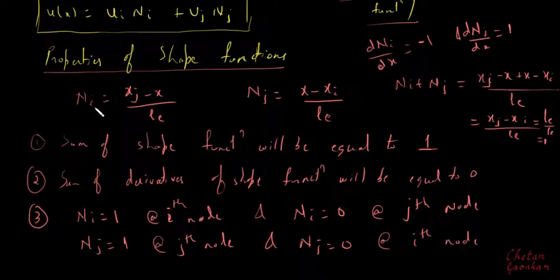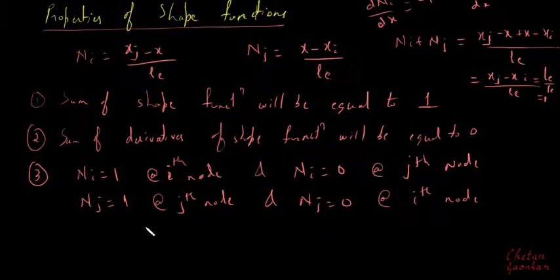So at the ith node, x will be equal to xi, and if I substitute x as xi, this will become xj minus xi by Le, so Le by Le will become 1. So at x equal to xi, that is at the ith node, Ni will be equal to 1 and Ni will be 0 at the jth node.